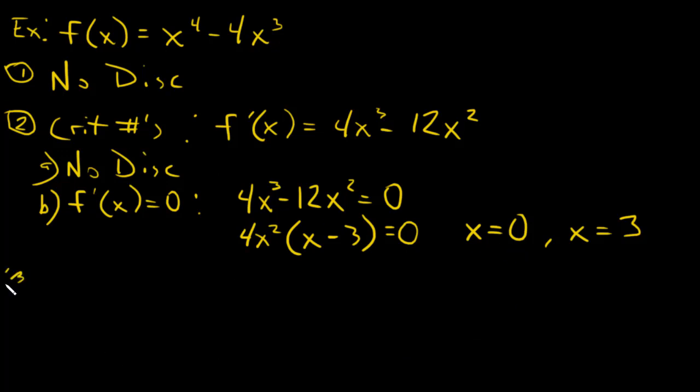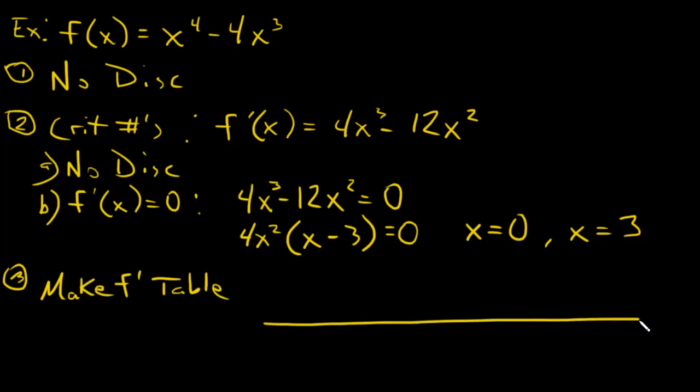So now that we have those, let's make the f prime table. I'll put that one over here. We're going to have x equals 0 and x equals 3. I need a test value less than 0, so maybe x equals negative 1.